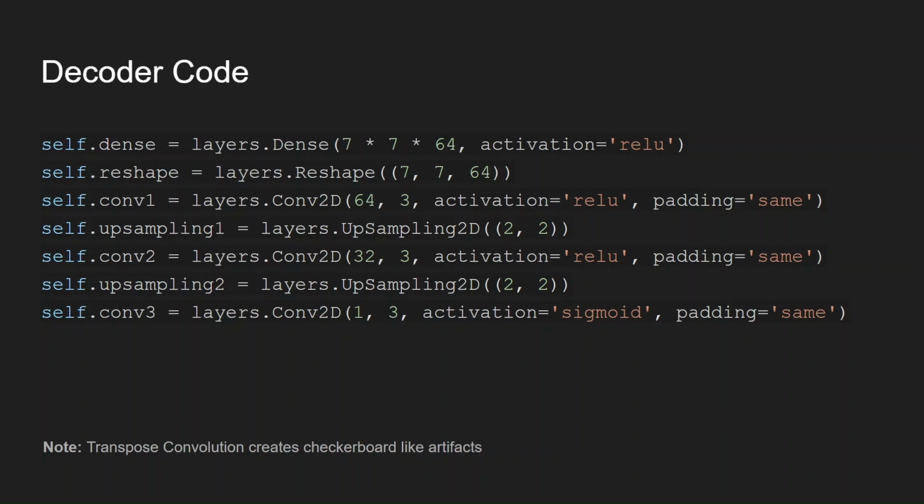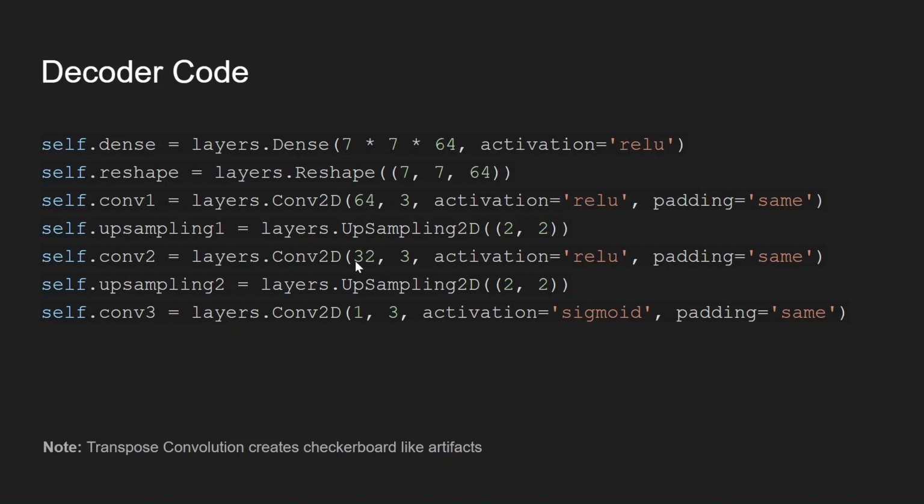Then we have the upsampling 2D. It's the opposite of max pooling 2D. Max pooling reduces the spatial dimension and upsampling 2D increases it. So it will increase the width and height from 7 by 7 to 14 by 14, and then we pass that 14 by 14 by 64 to another convolutional layer with 32 filters and kernel size 3. Again, stride 1, ReLU activation, padding is same.